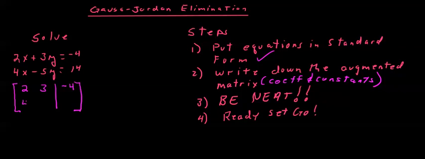And for -5 and 14. Now we want to manipulate this to make it look like this: 1, 0, 0, 1, a horizontal and vertical bar, a and b.